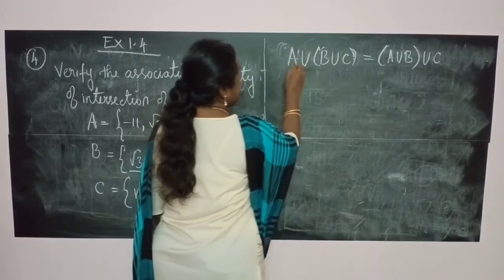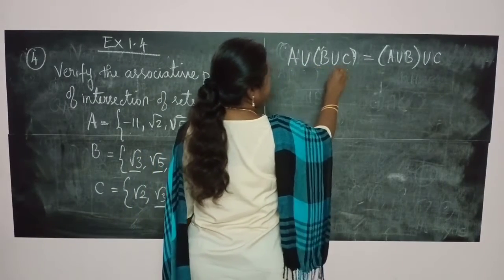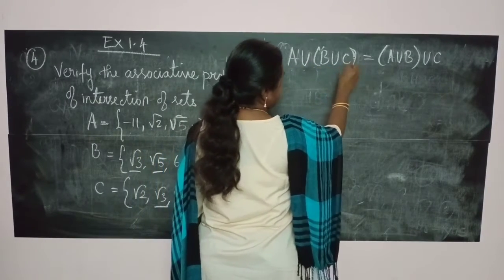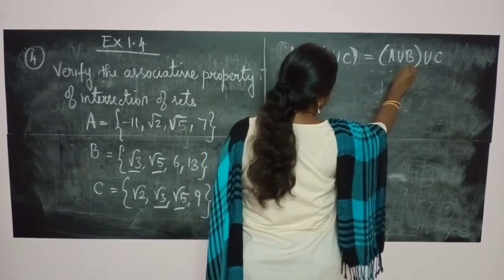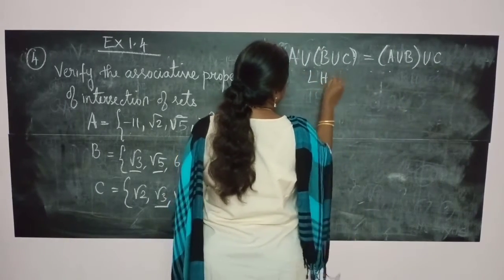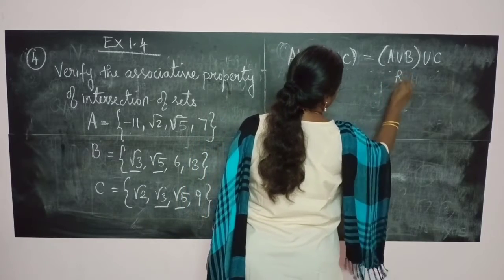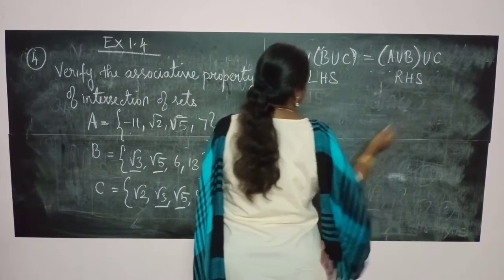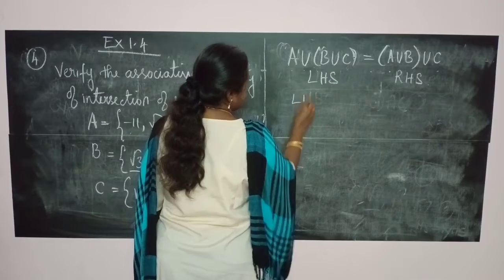Okay, for union it is A union within the bracket B union C is equal to within the bracket A union B union C. Okay, LHS side and RHS side, here also we are going to verify whether it is coming to be the same.